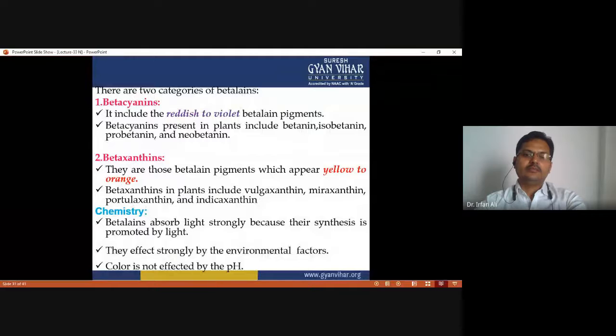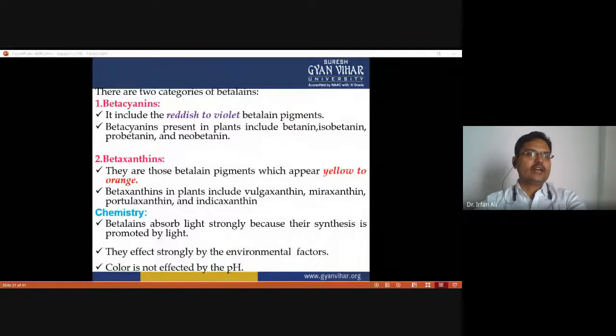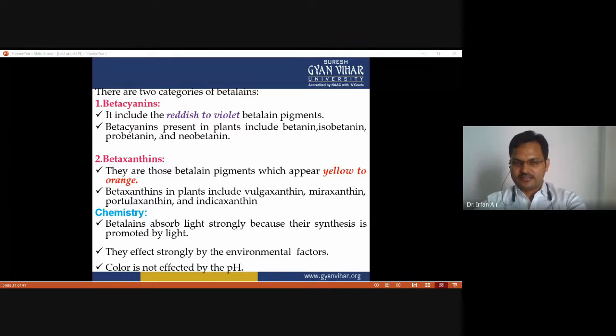So there are two types of betalains. First is betacyanins, and second is betaxanthins. Betacyanins include the reddish to violet betalain pigments, and those present in plants include betanin, isobetanin, probetanin, neobetanin.